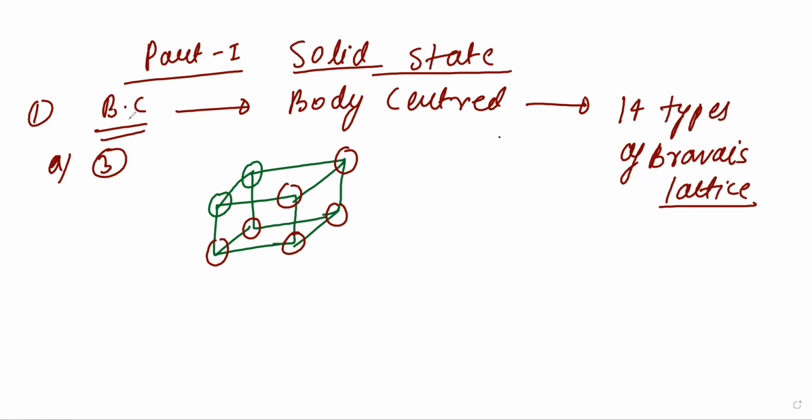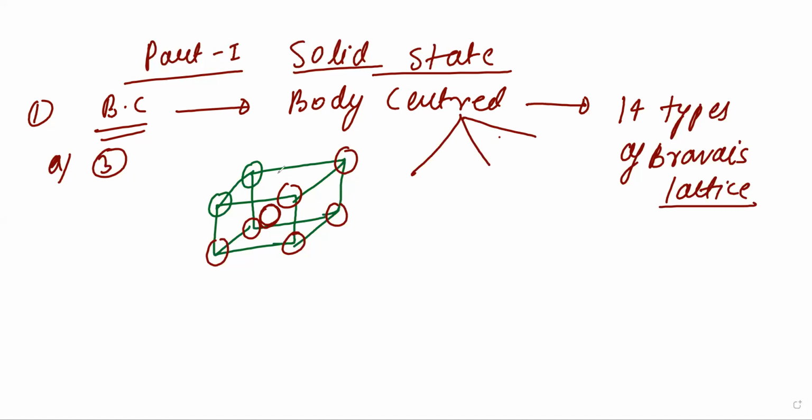But for the body centered, one atom is placed in the middle of the body. So the total possibility is 3. The body centered unit cell is present in 3 crystal systems: cubic, tetragonal and orthorhombic. So body centered will be of 3 types.